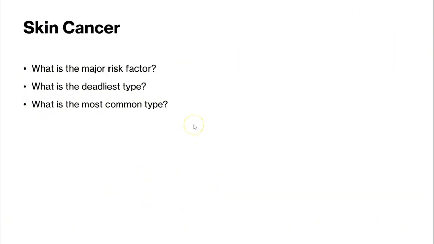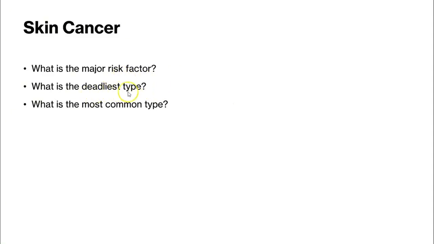We talked about skin cancer. So know the major risk factor for skin cancer is going to be UV exposure. Again, you may have a genetic predisposition, but it is the amount of UV radiation that you get. Like one sunburn is enough to actually cause mutations that lead to skin cancer. So the major risk factor is exposure to UV radiation.